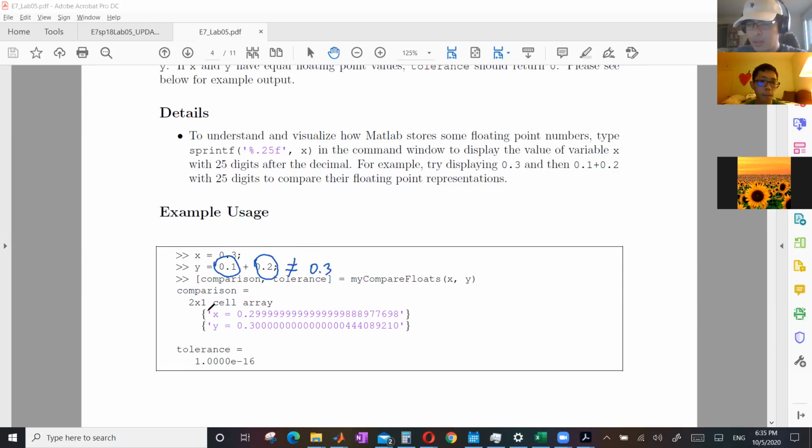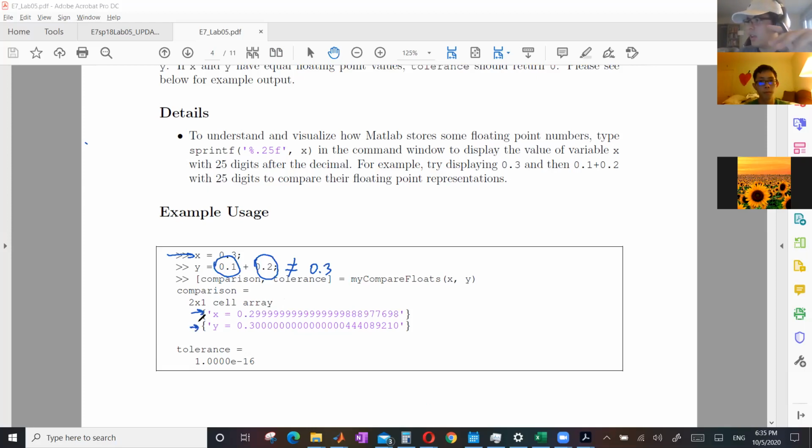And this is the case. The computer approximates the 0.3 directly as almost 0.3, which is what you see here, and it approximates 0.1 and 0.2 in such a way that they add up to almost 0.3, but not quite.